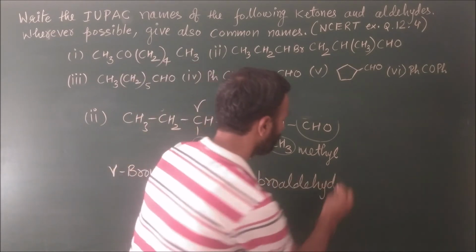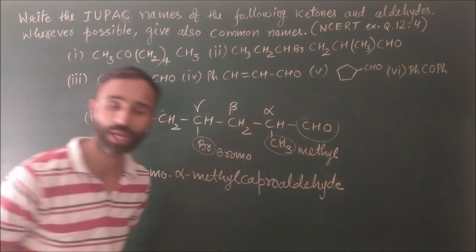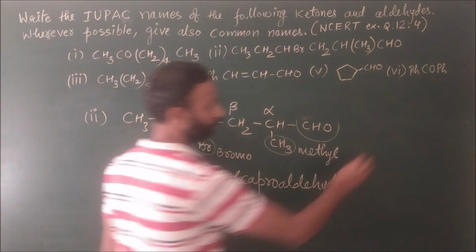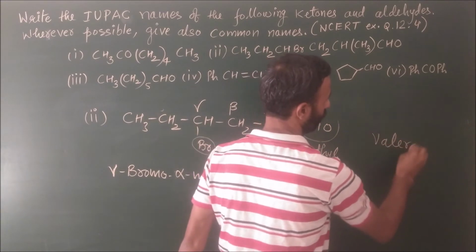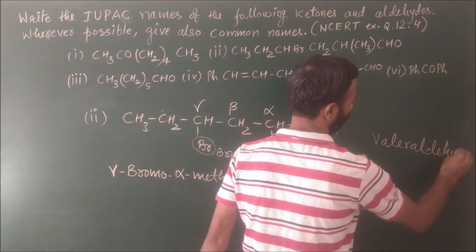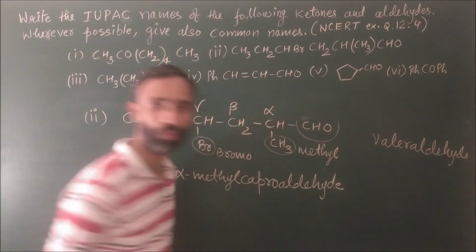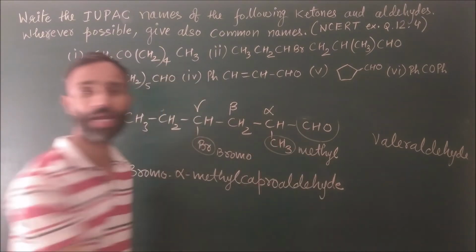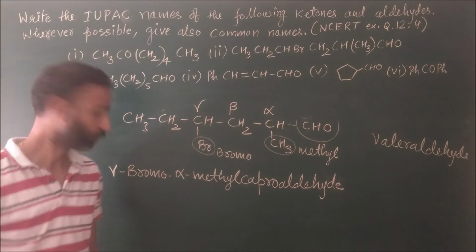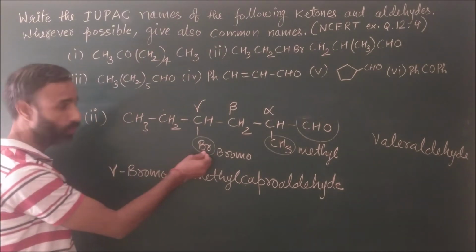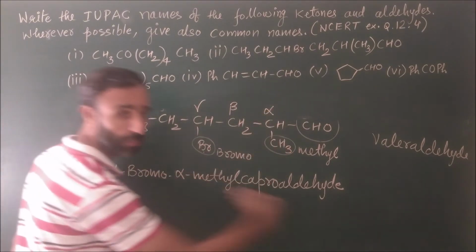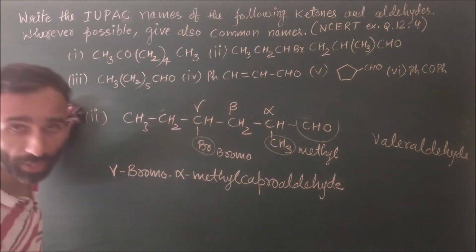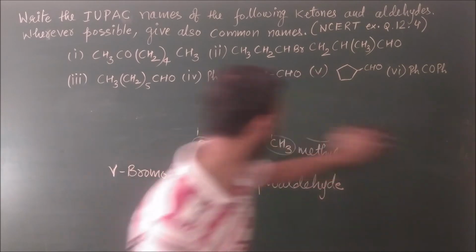For 6 carbons we use capro, like for 5 carbons we use valeraldehyde. So it is gamma bromo alpha methyl caproaldehyde. Okay, so this is the second one. Now come to the third one.